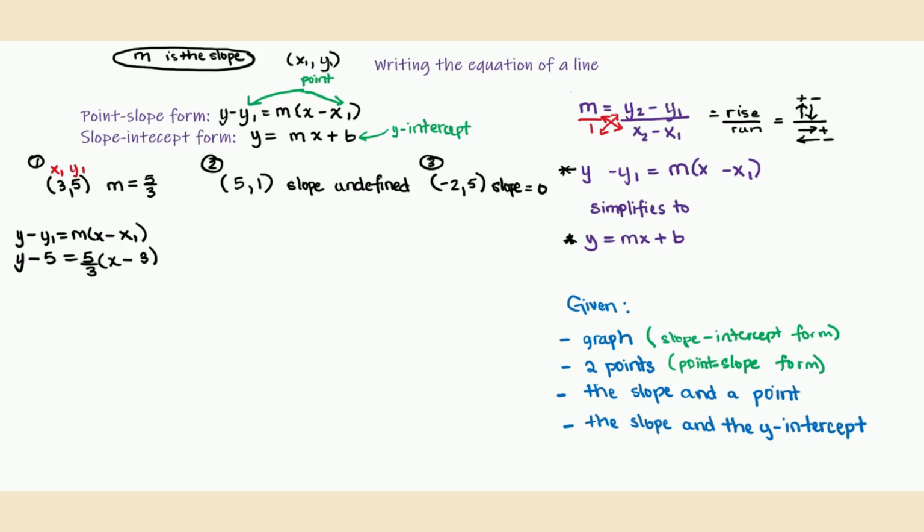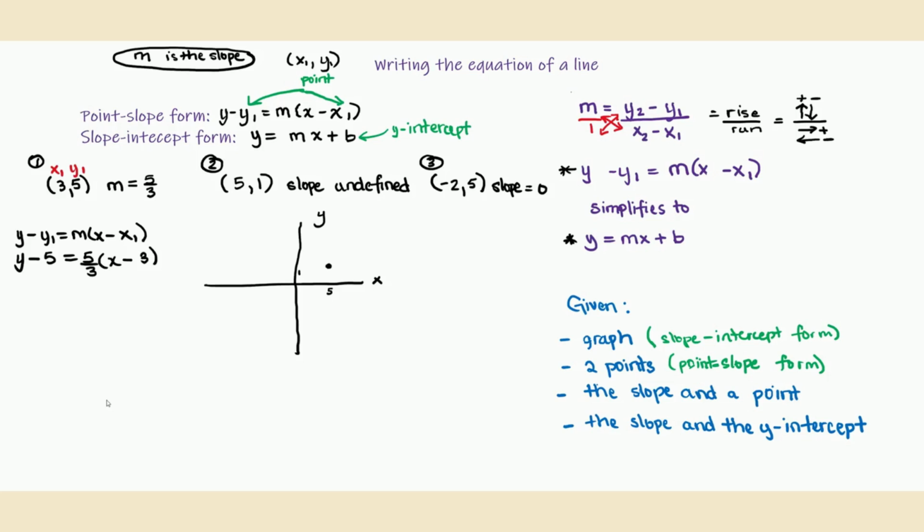Sometimes, however, we're told that our slope is undefined. In this case, we have to recognize that that means we have a vertical line. If we were to imagine what that would look like, you would have your x and y axis and the point 5, 1. Let's say this is 5 and this is 1. The point would be located here.